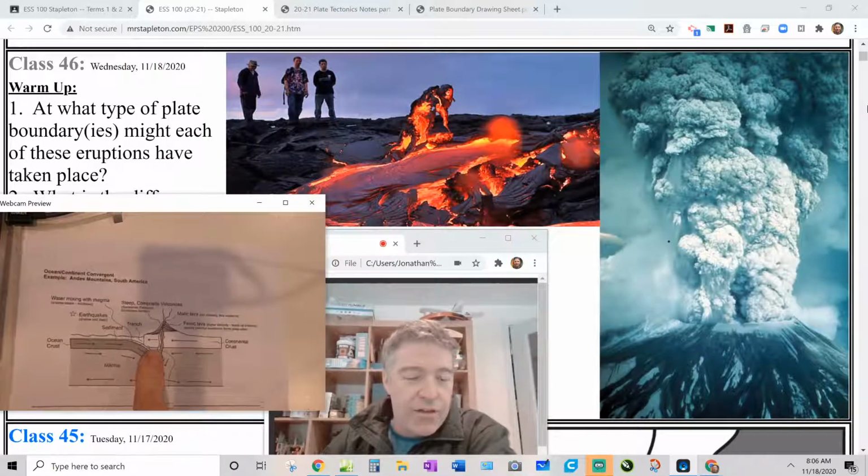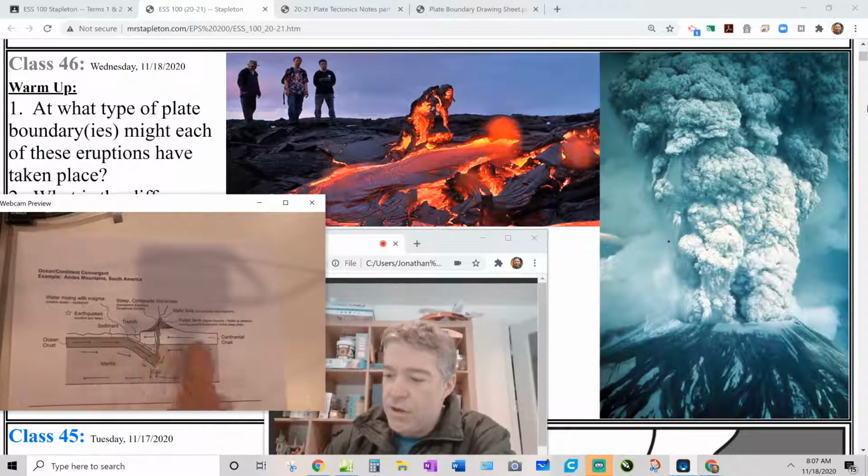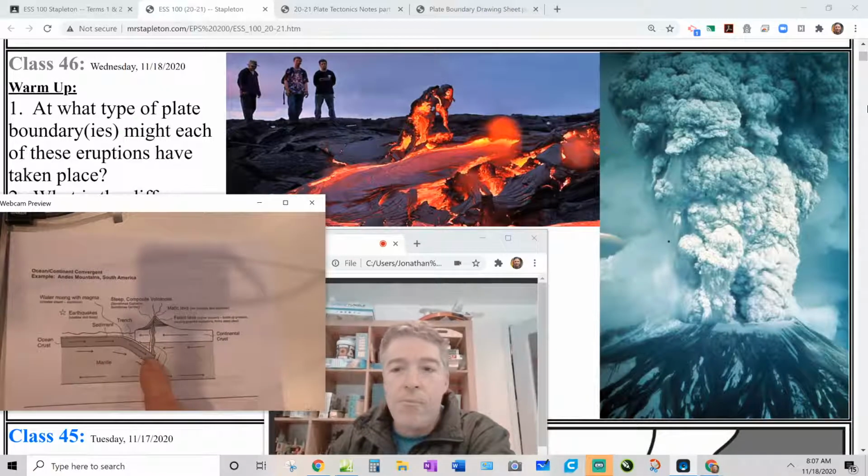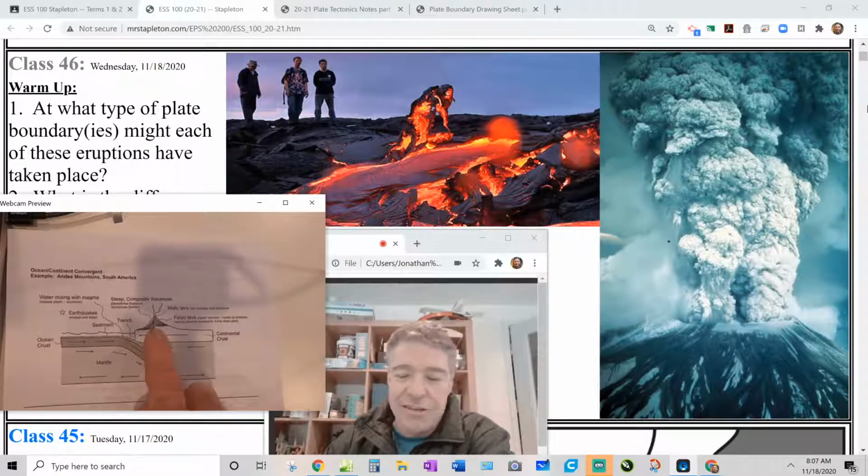So, looking at this is an ocean-continent convergent plate boundary. Do you think this volcano could look like either of those pictures? Yes or no? Nobody's going to answer. I'll just give you time to think, and then I'm going to tell you the answer. Well, you could have either of those pictures.